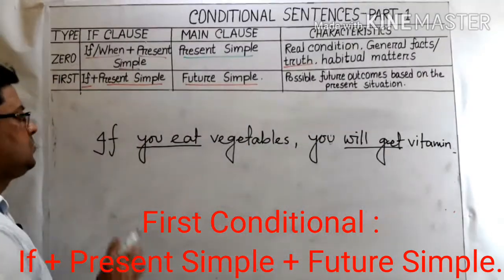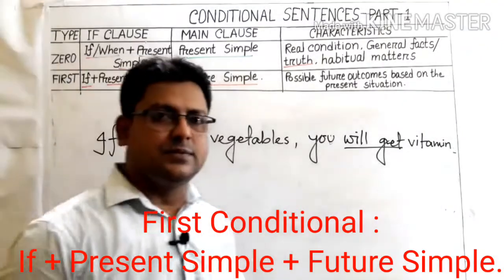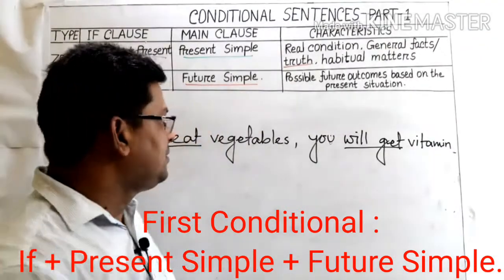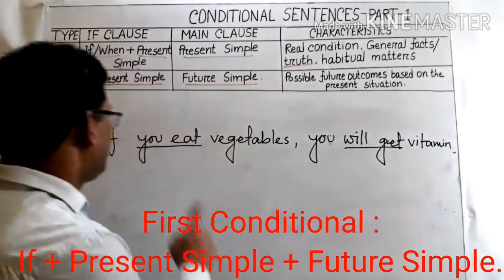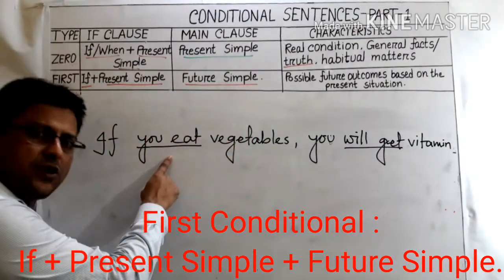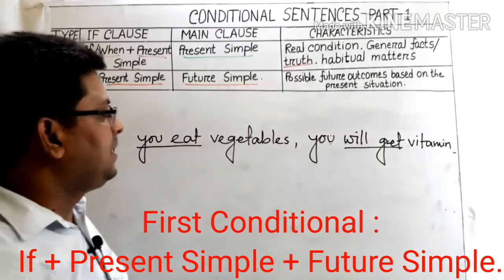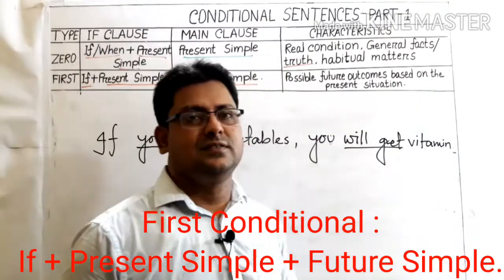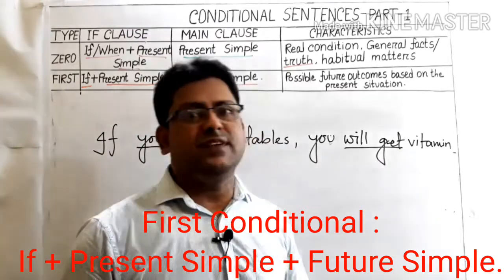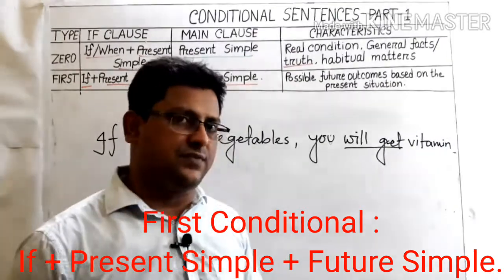On the other hand, when you eat vegetables, you will get vitamins. That means when the condition occurs, at that time you will get the possible result. If you don't eat the vegetables, you will not get the vitamins.